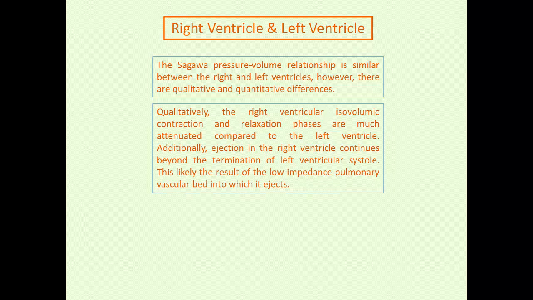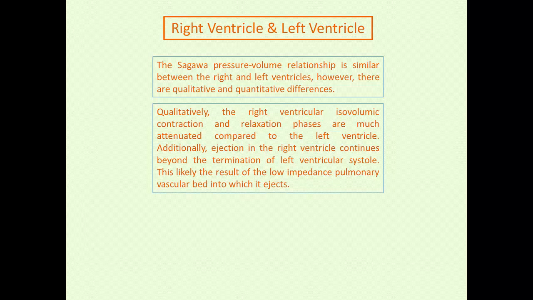Qualitatively, the right ventricular isovolumic contraction, that initial change between end-diastolic volume, end-diastolic pressure, and aortic diastolic pressure, is much attenuated in the right ventricle compared to the left ventricle, and ejection in the right ventricle actually continues beyond the termination of left ventricular systole.